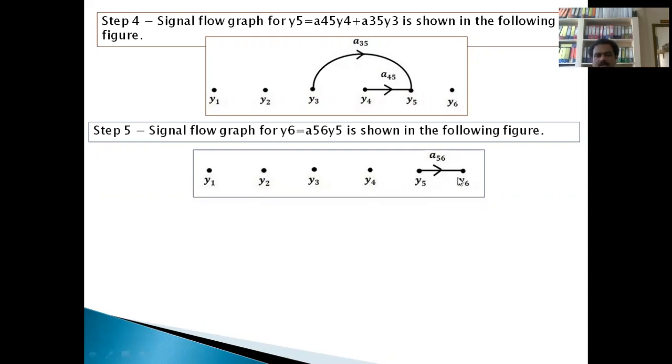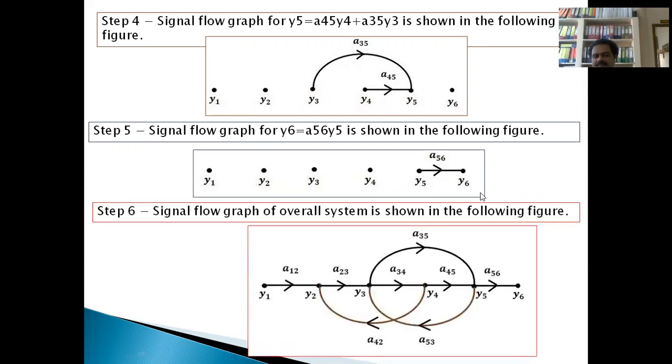You will get the overall signal flow graph, something like this. Signal flow graph for the overall system. The entire system can be represented with 5 equations. The 5 equations can be represented either in block diagram fashion or in signal flow graph fashion. So the signal flow graph fashion is this one.